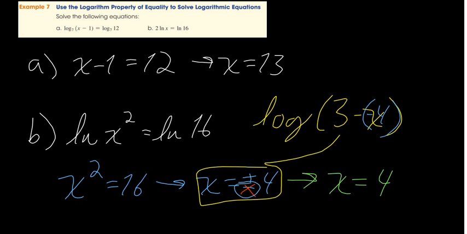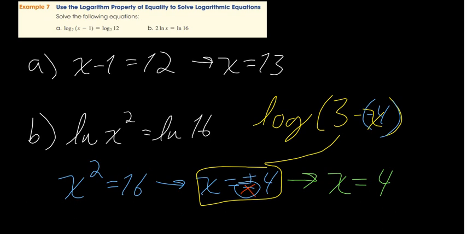That is not always the case at all, and don't make that mistake. When we check our solutions with logarithms, full stop, we have to check our solutions. It's not going to be one of those things where you do the algebra, and if you're right, you're right; if you're wrong, you're wrong. You have to check your solution.